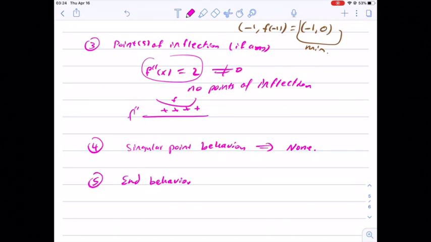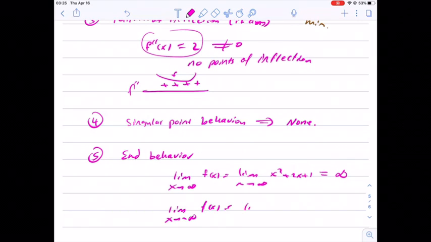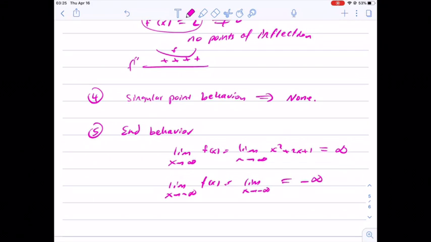5. End behavior. For end behavior, we can find the limit as x goes to infinity of f of x, and that's the limit as x goes to infinity of x squared plus 2x plus 1, and then we substitute infinity to get plus infinity. And we find the limit as x goes to negative infinity of f of x. Positive, still positive infinity. X squared is the dominant term.